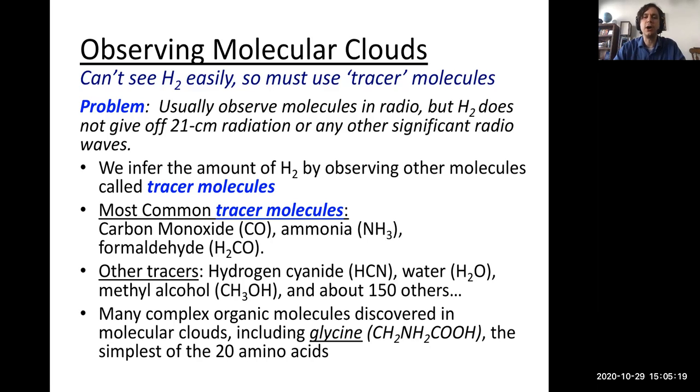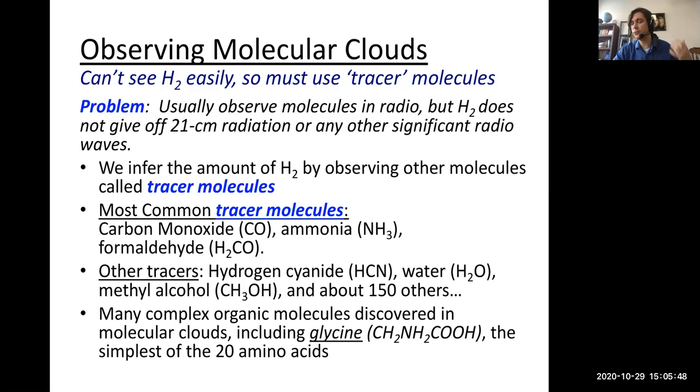So we call these other molecules that we'll look for, that indicate that we're looking at a molecular cloud full of molecular hydrogen, tracer molecules, because they allow us to trace out the densities and the pressures and the temperatures of these molecular clouds. They also act as a tracer to point out where the H2 is.